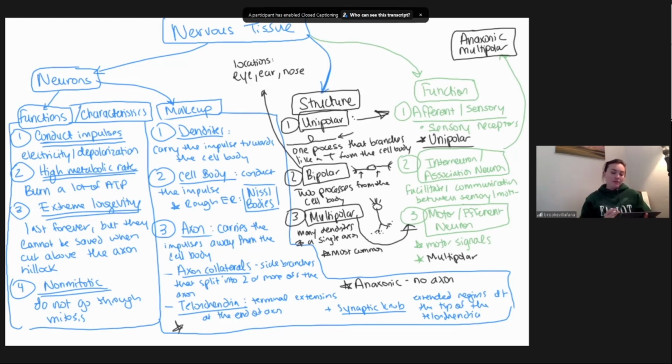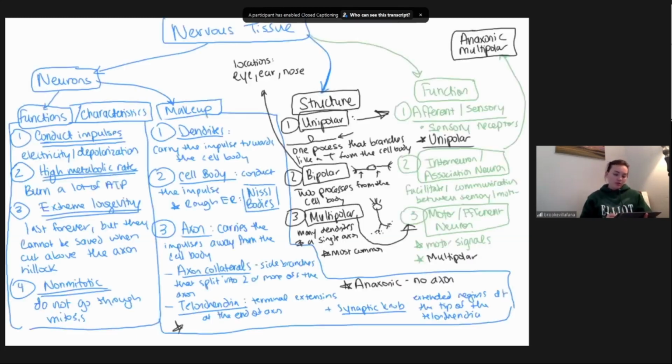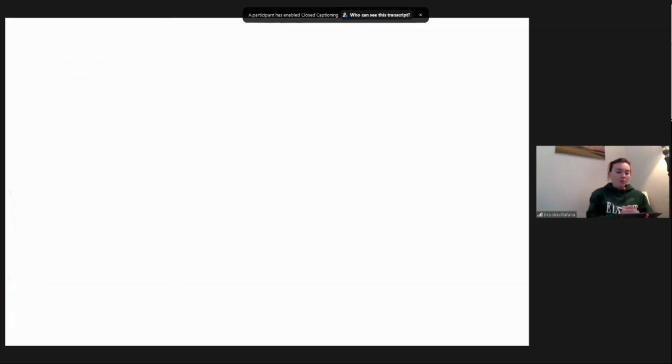So this was nervous tissue, neurons, right? Neurons according to function, their makeup, and then their structure and function characteristics. Now, when we look at nervous tissue again, so that was neurons. The other type of cell in nervous tissue is glial cells.